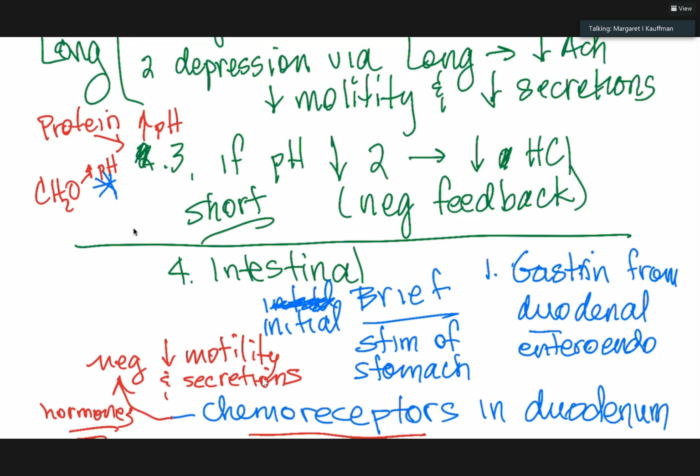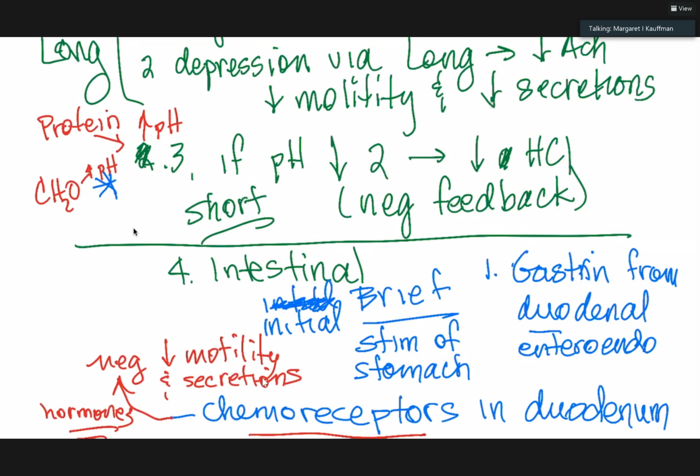Because when the food arrives, if it's all carbohydrate, then it's not going to tend to raise the pH much. You're not going to make as much stimulation of the HCl secretion and the pepsinogen secretion, and things can move along a little bit faster. If it's protein, you have those chemoreceptors in your stomach as well that detect that huge rise in pH.